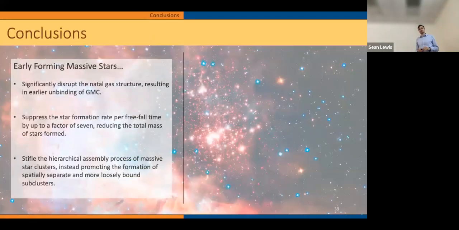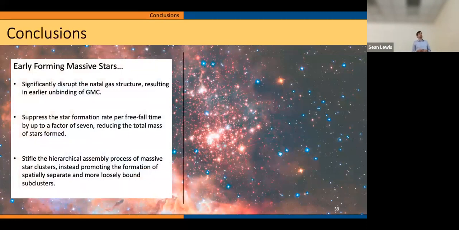Great. So we are at the end. Let me review the two main components of my work. The first thing we talked about was the early forming massive stars and their effects in star cluster formation. We found that early forming massive stars significantly disrupt the natal gas structure, resulting in premature global unbinding of the giant molecular cloud from which it forms.